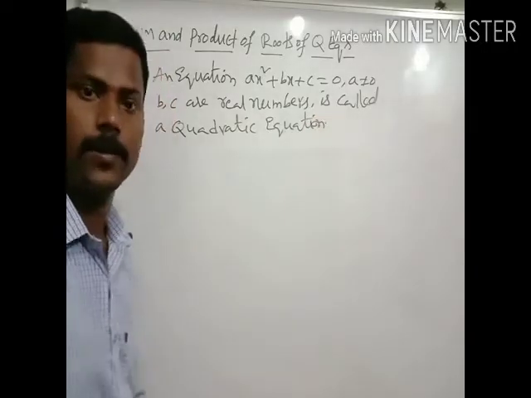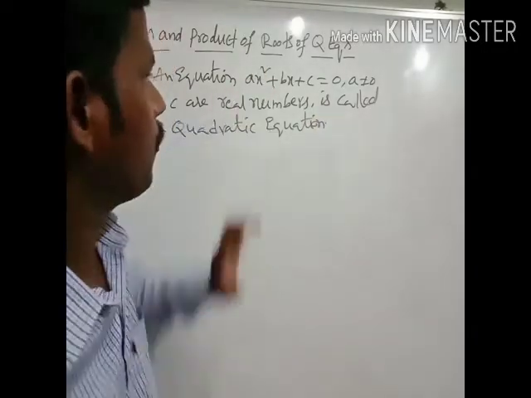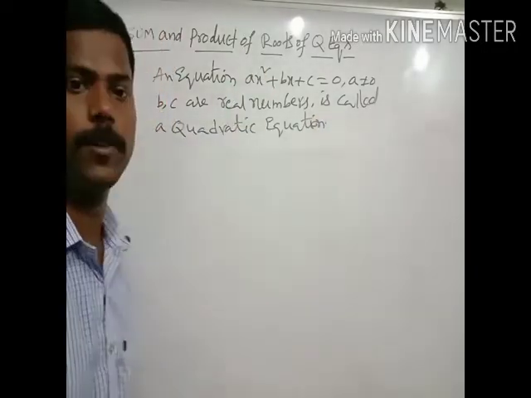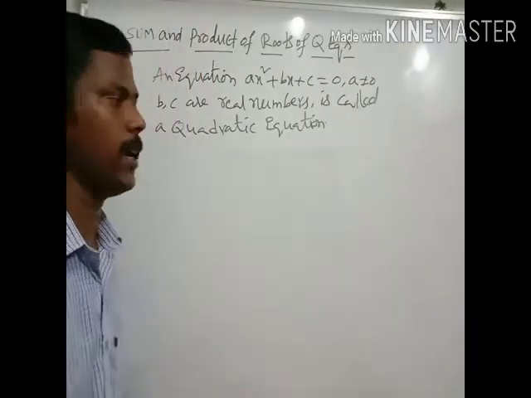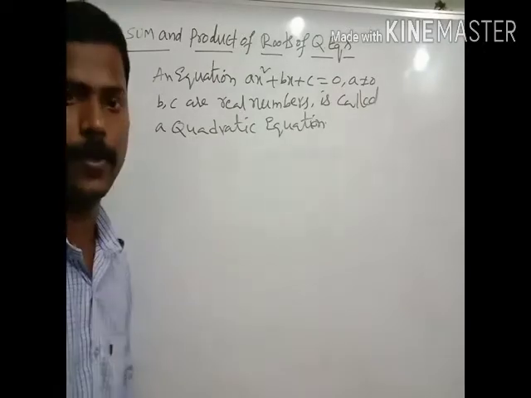We already learned that an equation in the form ax square plus bx plus c equals 0, where a not equal to 0, b and c are real numbers, is called a quadratic equation.